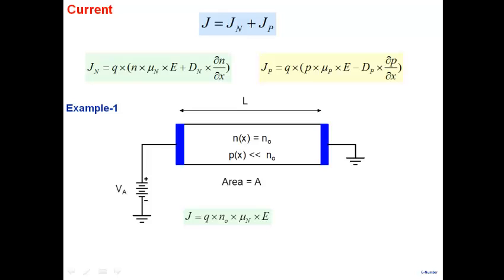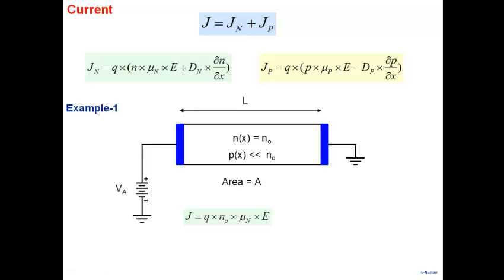The fact that I've said N(x) equal to N0 is constant throughout tells me there's no diffusion component. So I cross that out. The diffusion component is gone, and I'm left with a purely drift component. So we start from the very first equation, then we keep Jn, and then we ignore the diffusion component, and we get J equal to q N0 mu n E. So that's the expression that we get here.